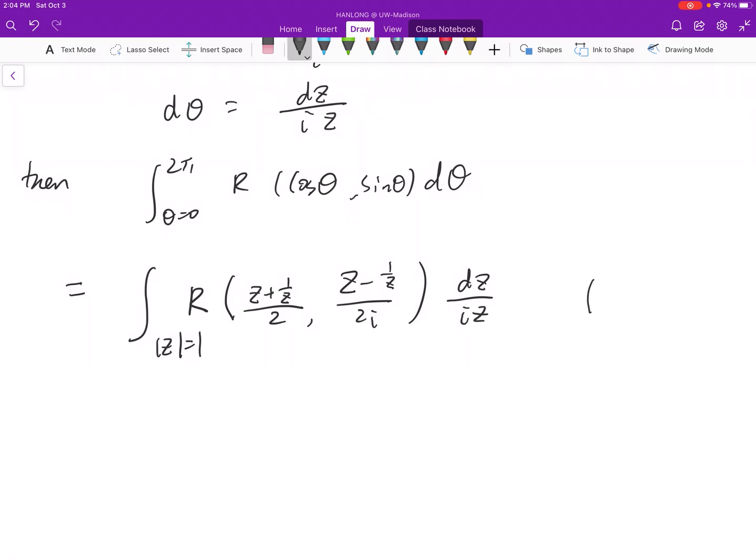And here the orientation is counterclockwise.